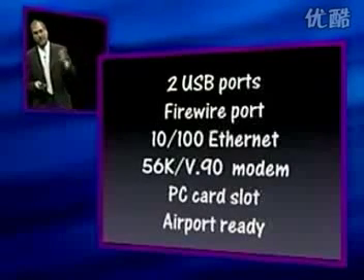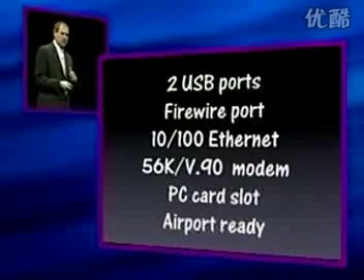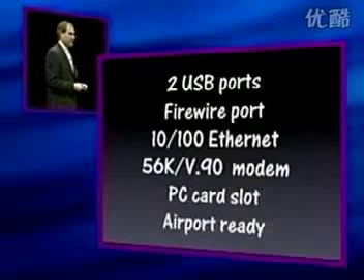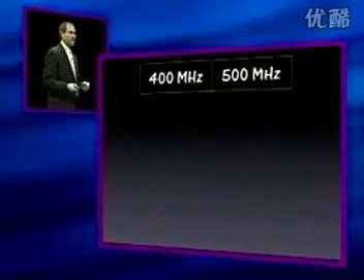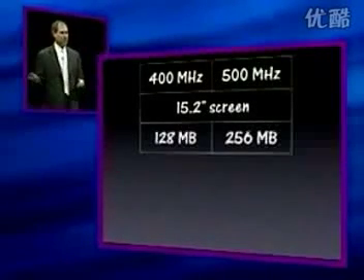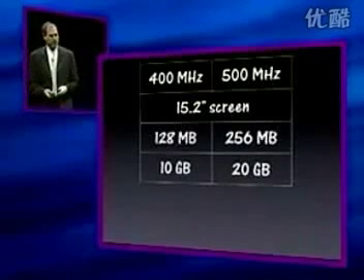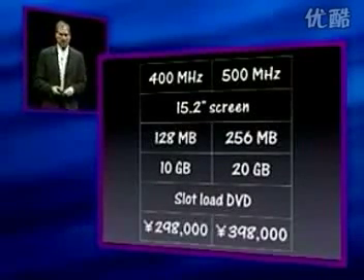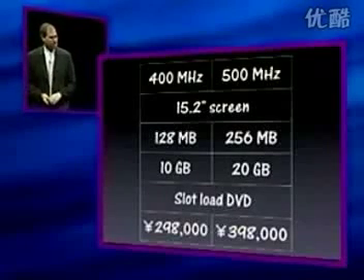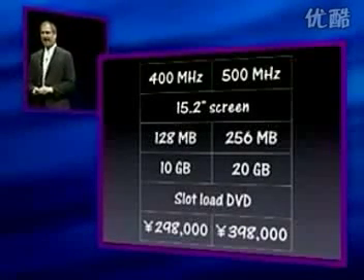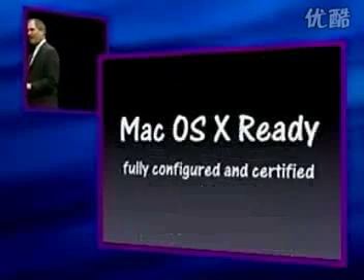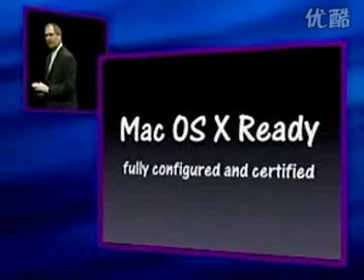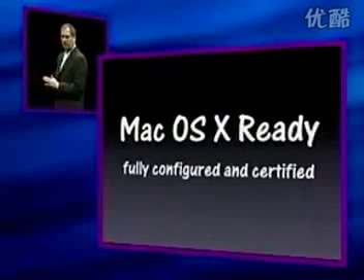USB, FireWire, Ethernet, modem, PC card, AirMac slot, etc. And the two models have 400 and 500 megahertz processors. Of course, they both have the big screen, lots of memory, large disk drives, both have a slot-load DVD, and these are the prices. Very competitive. And they are both Mac OS X ready, fully configured and certified to run Mac OS X.